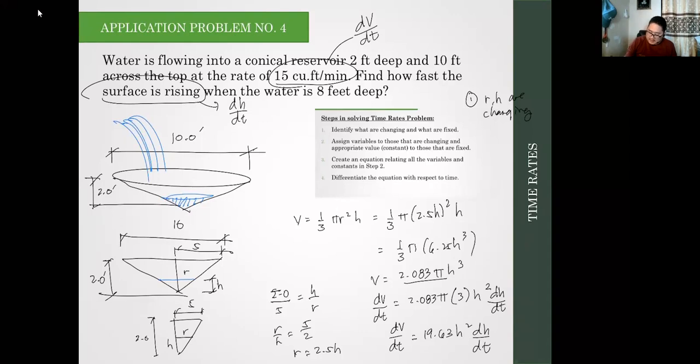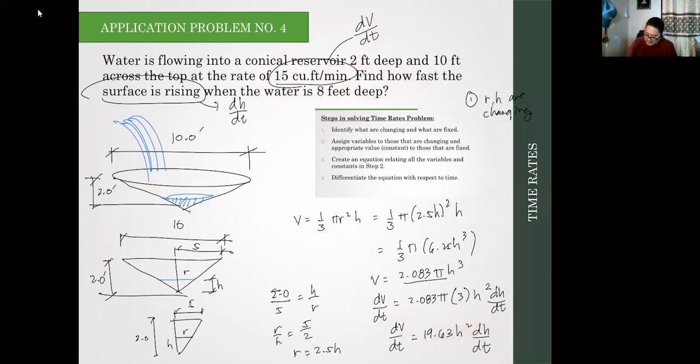Ngayon, ito yung equation natin. Ano ngayon kailangan natin substitute? Si dv dt meron ba tayo? Si dv dt is ito. 15. Meron tayong value. Si H, meron ba tayo? May given na 8 feet deep initially. Okay? So, ito yon si H. So, dH dito yung hinahanap natin.